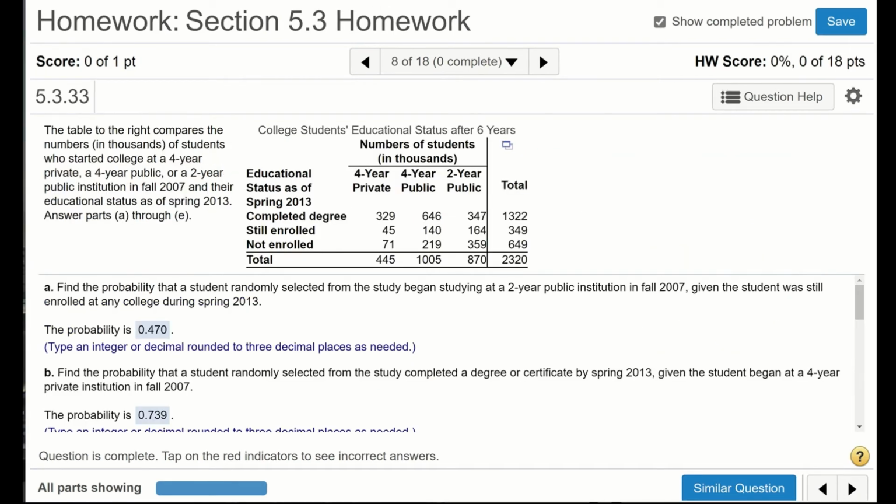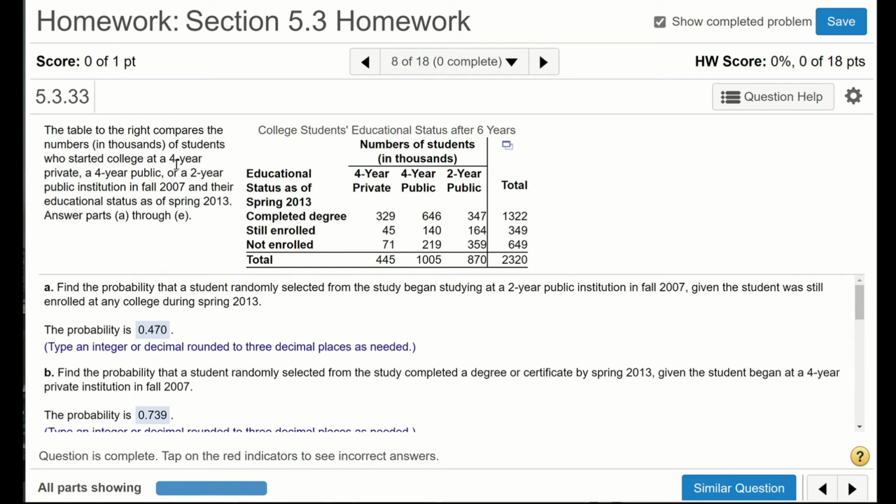For this next problem, we're going to look at a table describing the number of college students who attended either 2-year or 4-year public schools, and then their status in 2013.